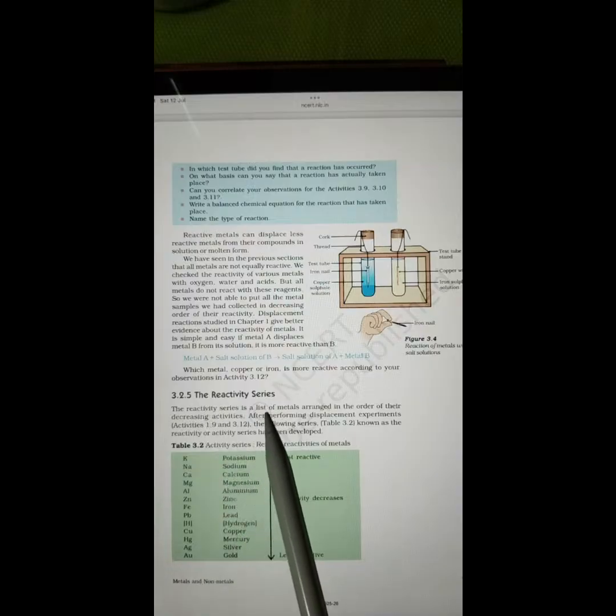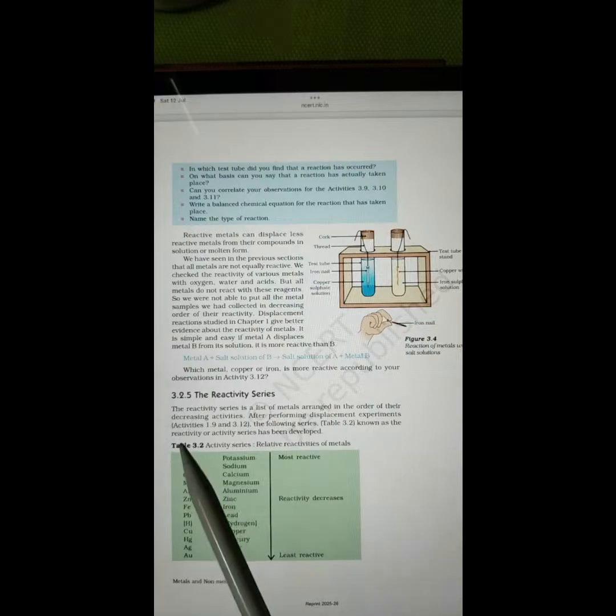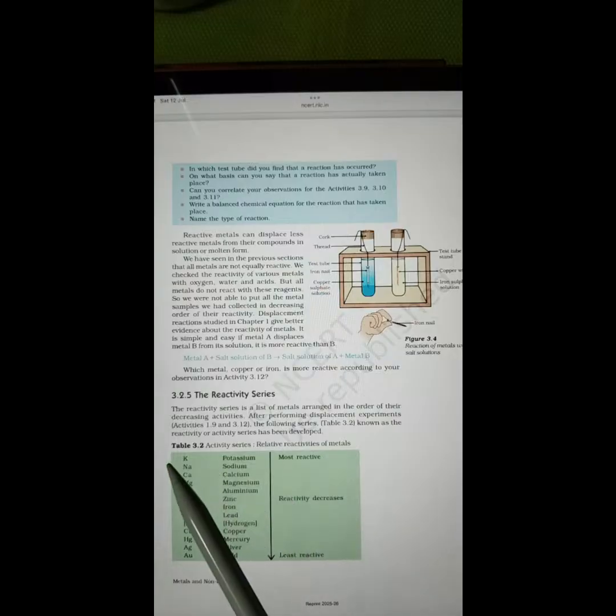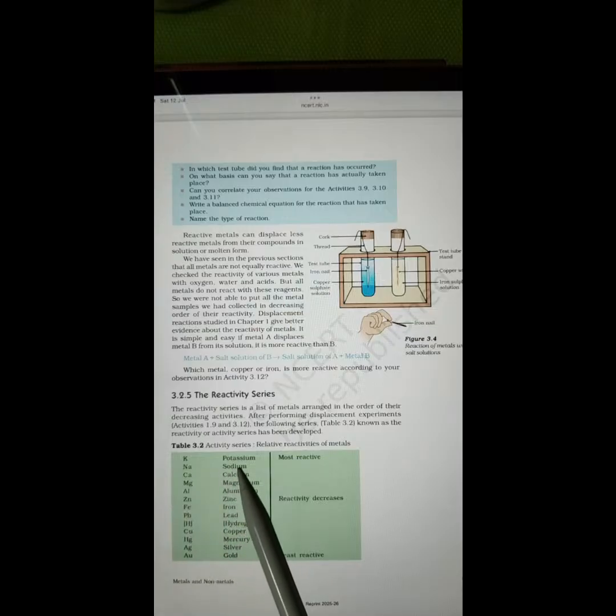3.2.5, the reactivity series. The reactivity series is a list of metals arranged in the order of their decreasing activities. After performing displacement experiments, activities 1.9 and 3.12, the following series, table 3.2, known as the reactivity or the activity series, has been developed. So table 3.2 is the activity series that is telling you the relative reactivities of metals.